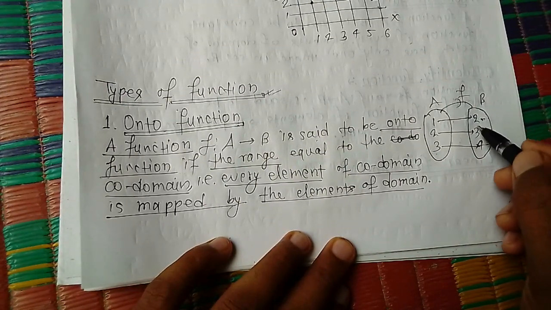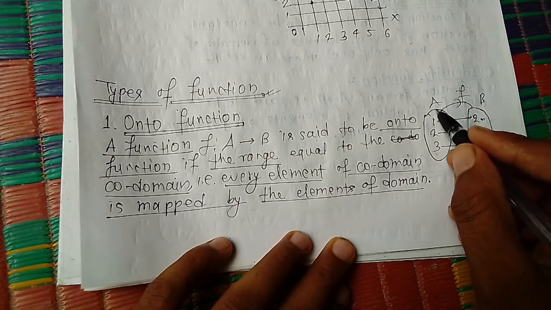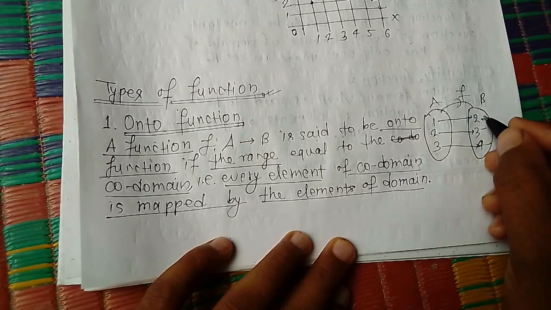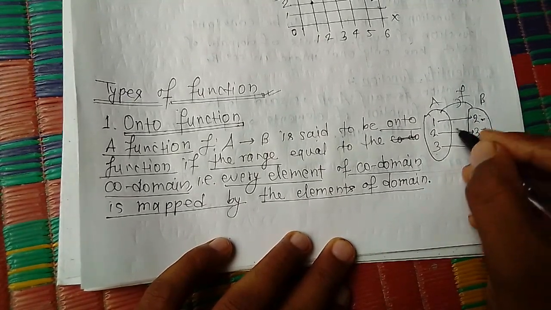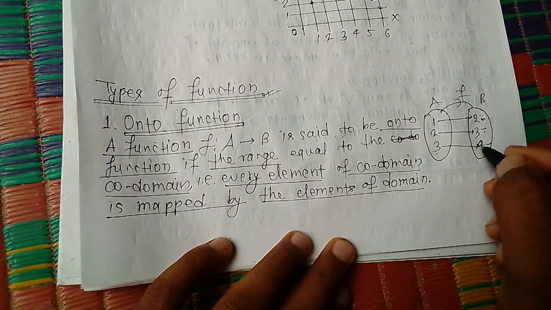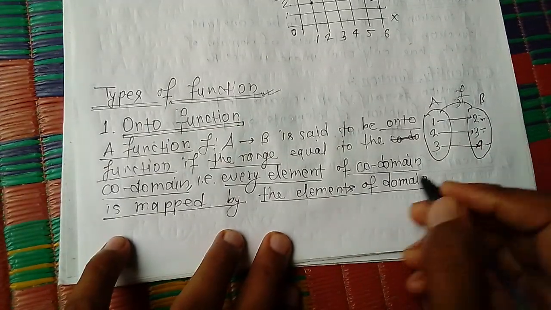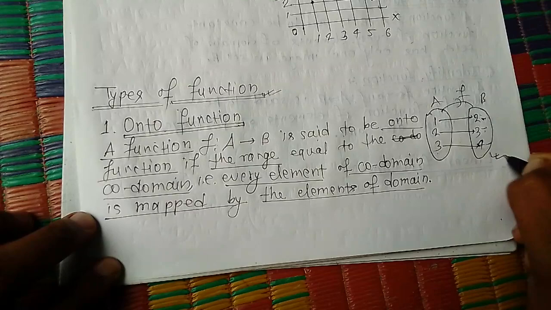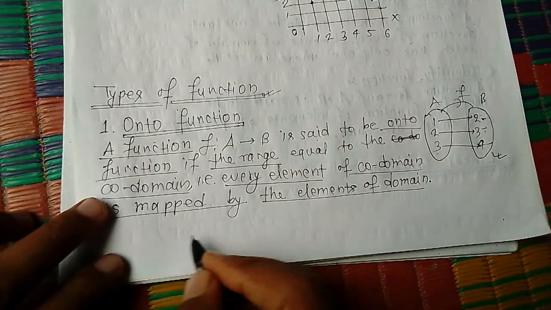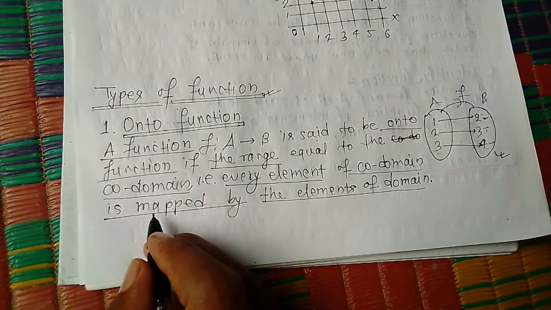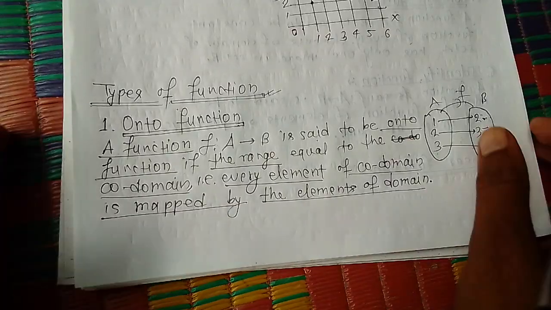Every element of set B is mapped, so no element is left. So this is called an onto function.